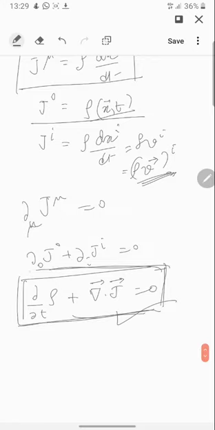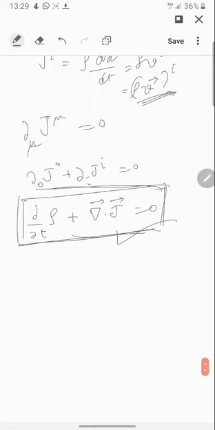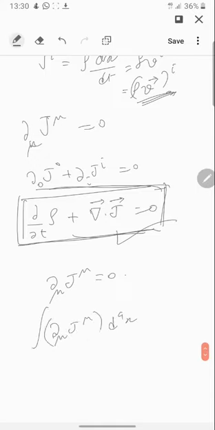How does this continuity equation lead us to charge conservation? That is easy, because we have long ago discussed that if we have a relation like del mu J mu equal to 0, then we can integrate del mu J mu over d4x. Since this is 0, this integration should also be 0.